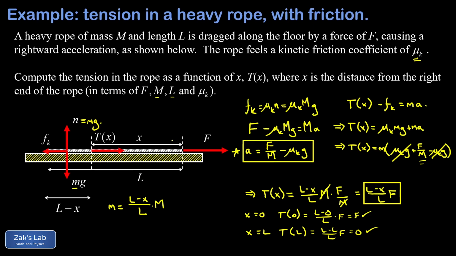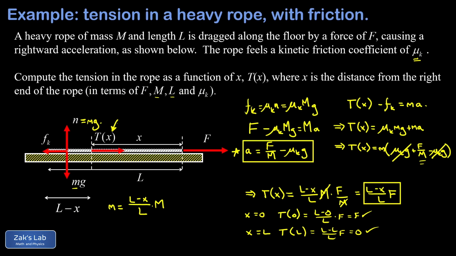So if I think to myself, like, turning up the kinetic friction coefficient should increase the tension at every point, it's not so obvious, because if I turn up my kinetic friction coefficient, the acceleration goes down. So yeah, this tension is now responsible for dealing with a bigger kinetic friction force on this little section on the left, but it doesn't have to produce as big of an acceleration anymore, and it turns out those two effects exactly cancel each other out.